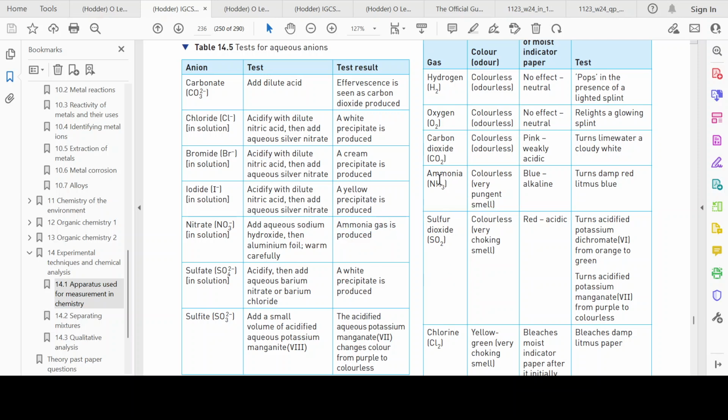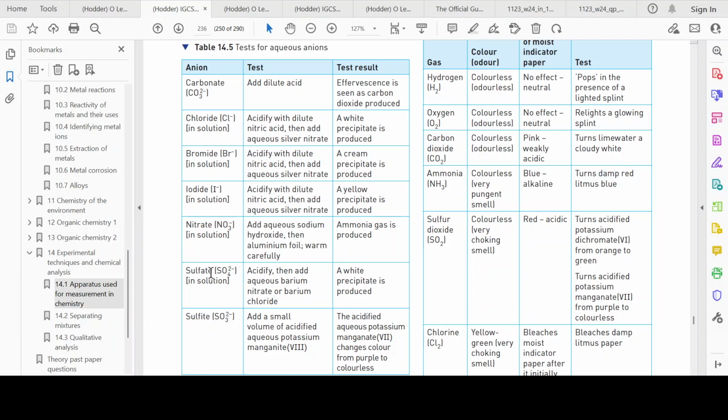I already told you, ammonia gas is colorless and very pungent, a stinging, unpleasant smell. It will turn moist litmus paper blue. You need damp red litmus paper and it will turn blue.